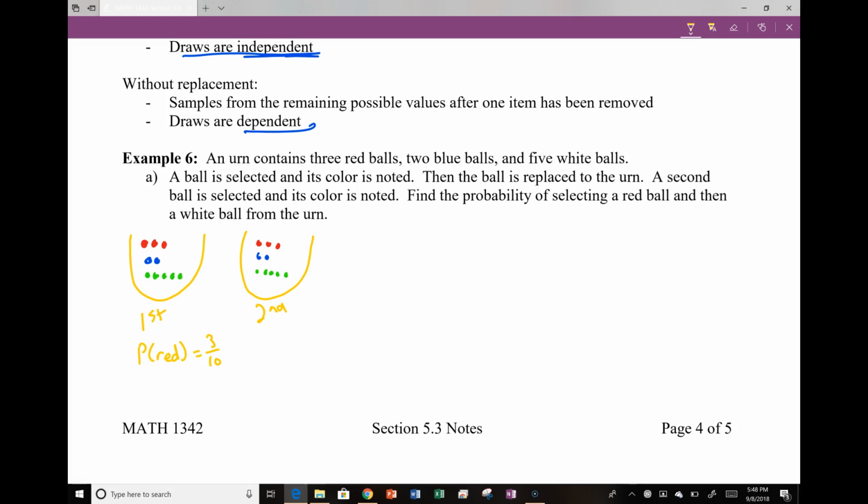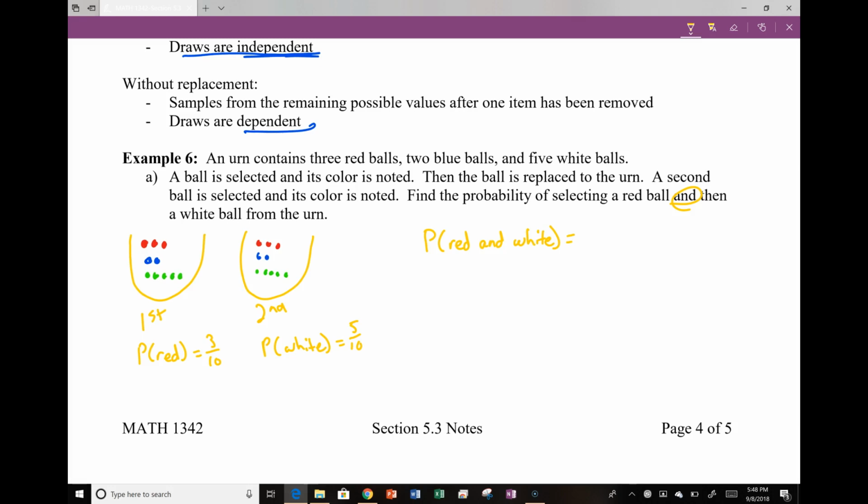And then we select a white ball from the urn the second time. So the probability of a white is going to be 5 out of 10. We want to find the probability of selecting these together. So we want the probability of a red and a white.